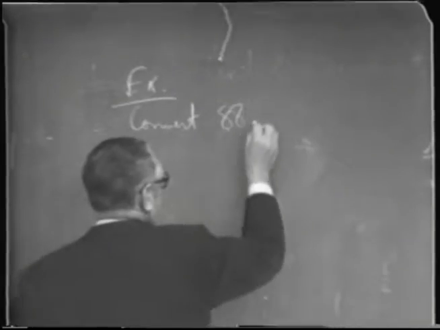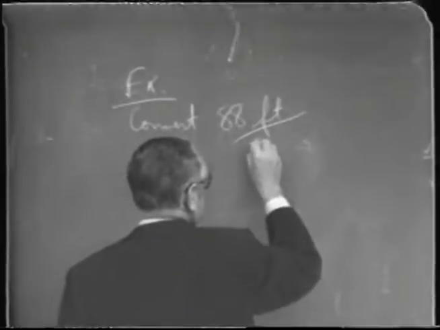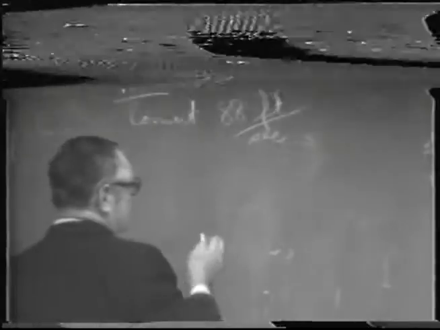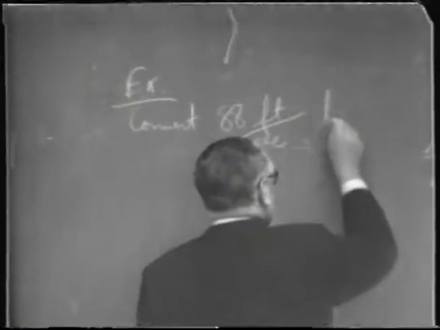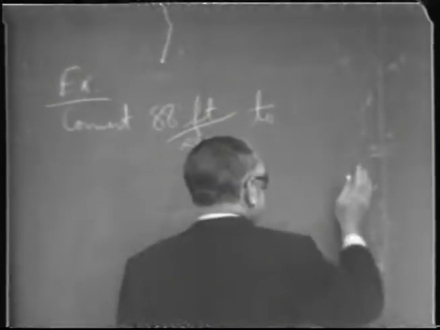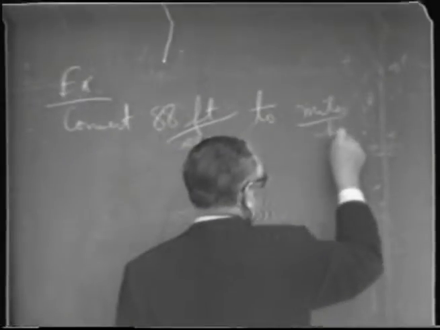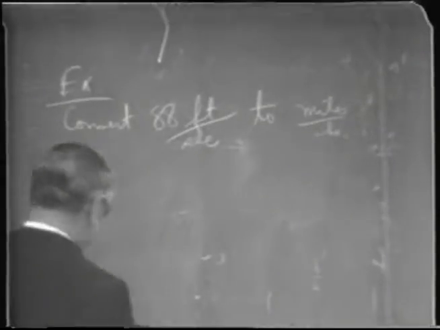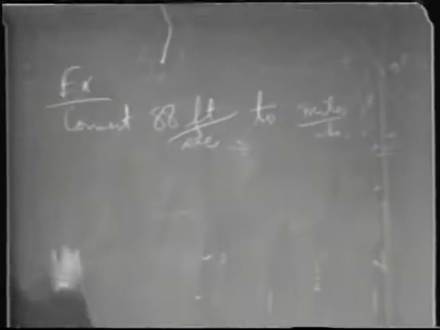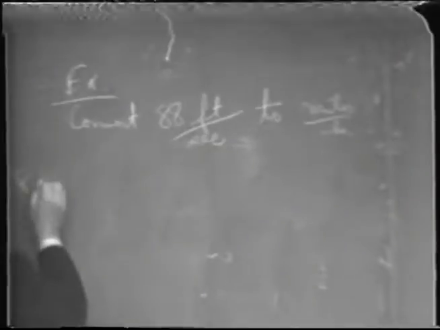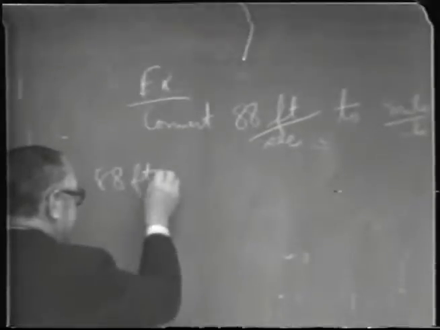Convert 88 feet per second, that's the velocity of 88 feet per second, to miles per hour. Well, the procedure is to write down 88 feet per second.